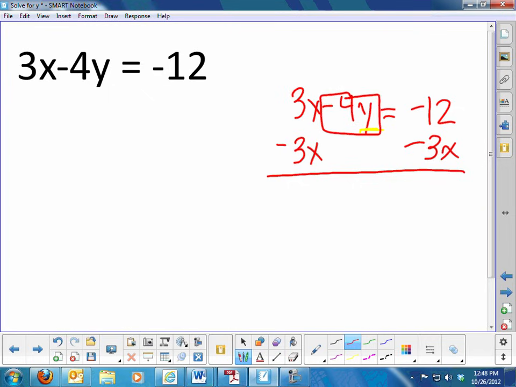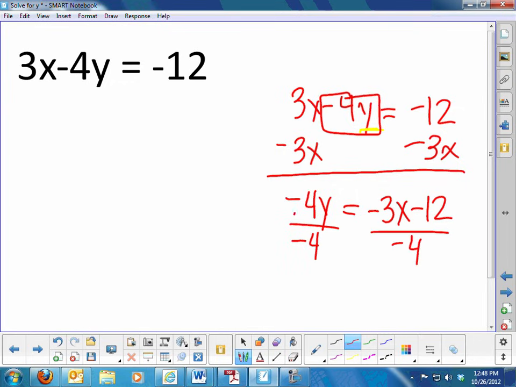You cannot forget that subtraction sign. So I have negative 4y equals, now which one am I going to write first? The negative 3x minus 12. Variables before constant. Now, to solve for y, I need to get rid of this negative 4. So I'm going to divide each side by negative 4. Those cancel. So I get y equals.